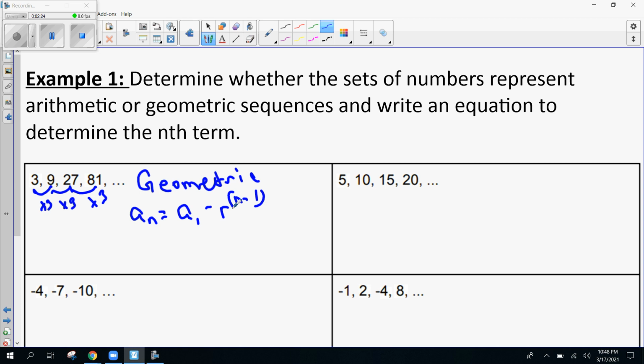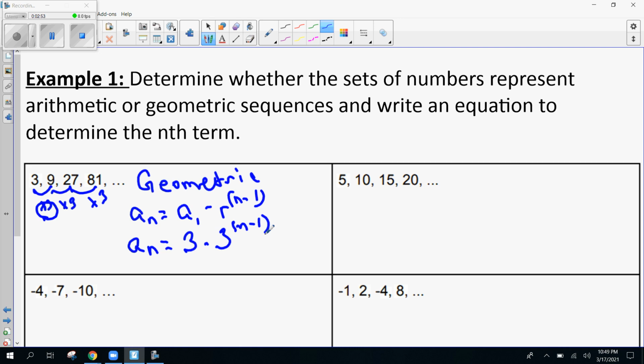So when we plug in the first term for a sub 1, that's 3, times r, our ratio, which is this right here, so we plug in 3 again, to the n minus 1. Then if we want to find a particular term, we plug in that number for n and calculate the term out.